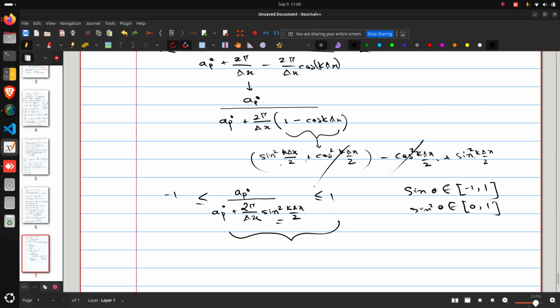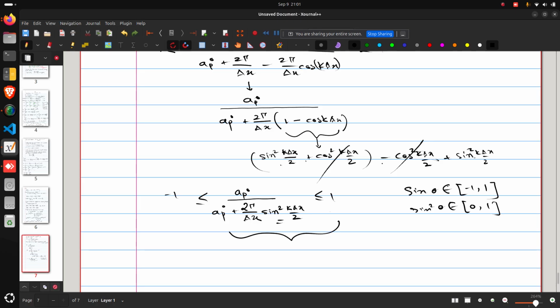Because it's just a square, so it is always positive, and the maximum value is 1, the minimum value is 0. So we will see what happens when sine square k delta x by 2 is 0: this is nothing but AP by AP, which is 1.